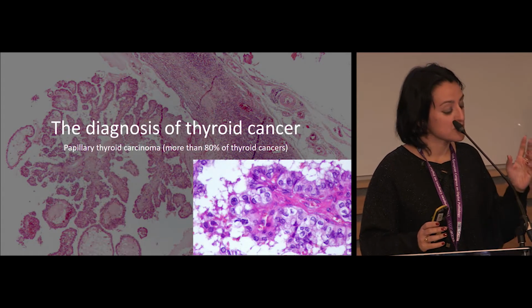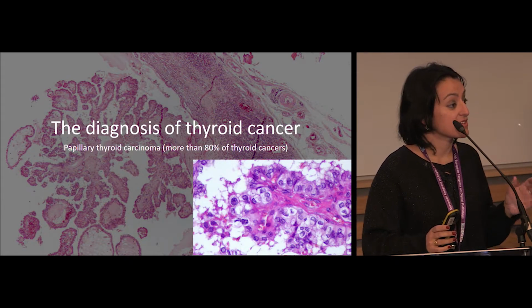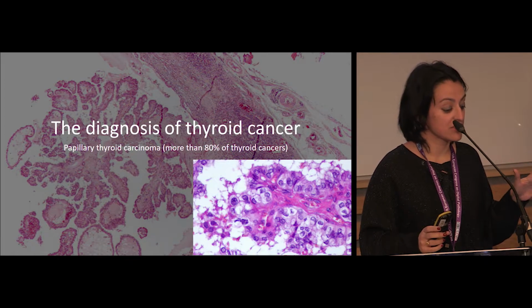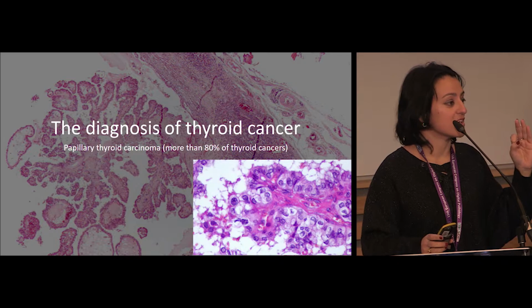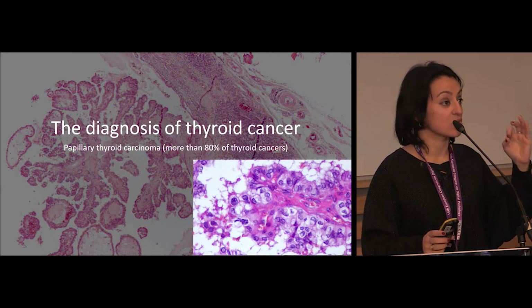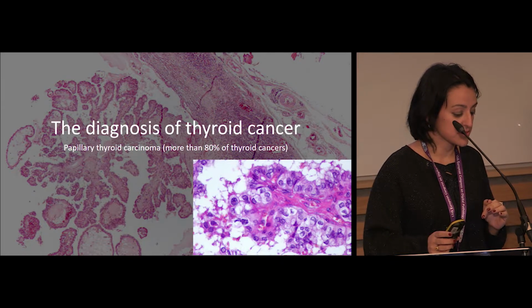As the name says, papillary thyroid carcinoma, now abbreviated to PTC, does have a papillary architecture and also has this beautiful type of nuclei, which are enlarged, irregular, grooved, and with pseudo-inclusions sometimes.